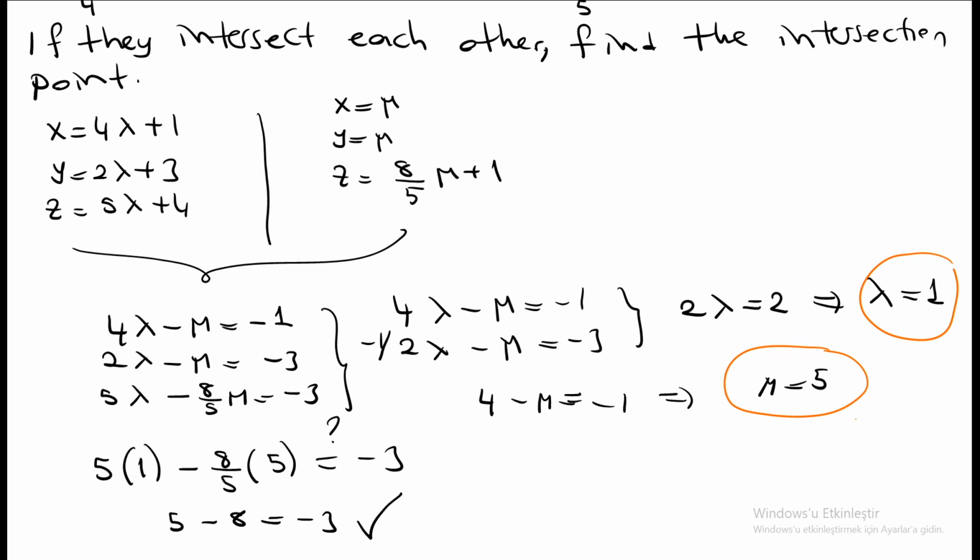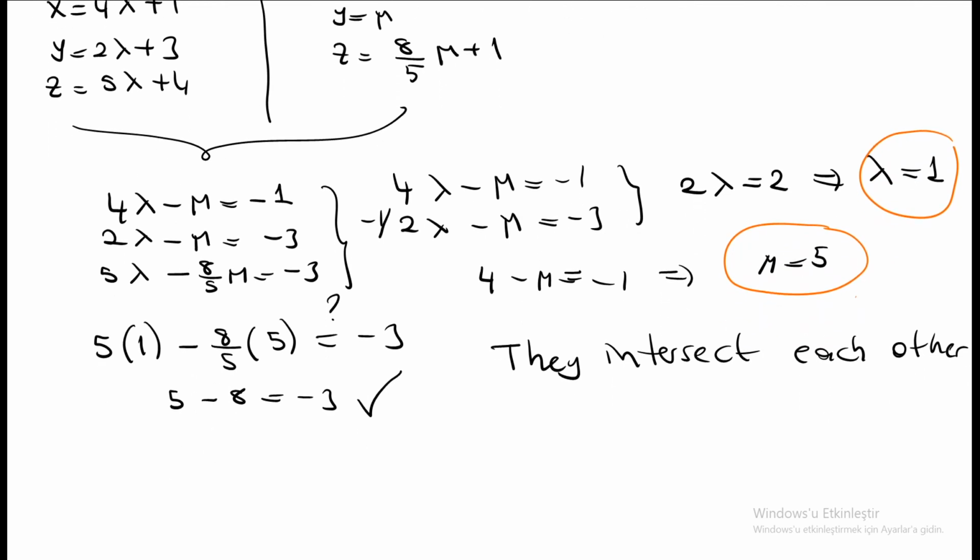So it satisfies this equation. So they intersect each other. So the intersection point will be this one.